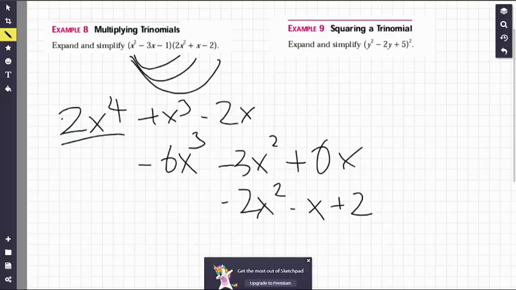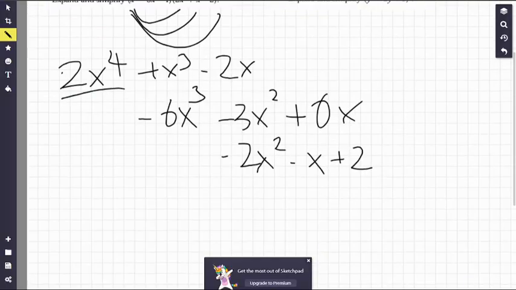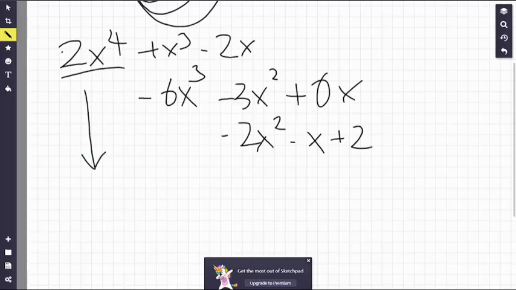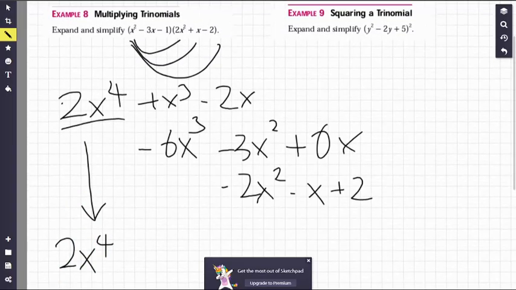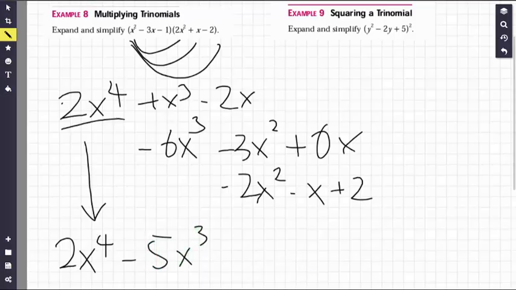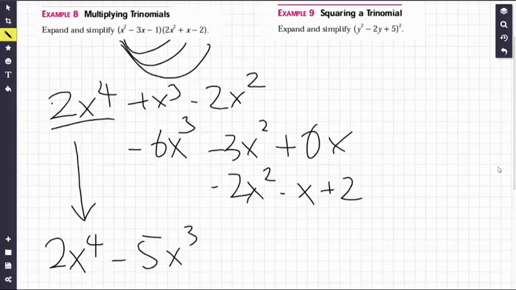So 2x^4, that's not going to change, simply because there's nothing to do here. So 2x^4 drops down. And then on this level, we have x^3 minus 6x^3. Drop that down. And then we have x^2, oh sorry, this catches an issue because that was a squared one.